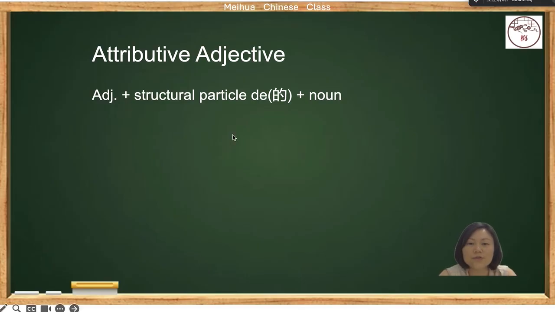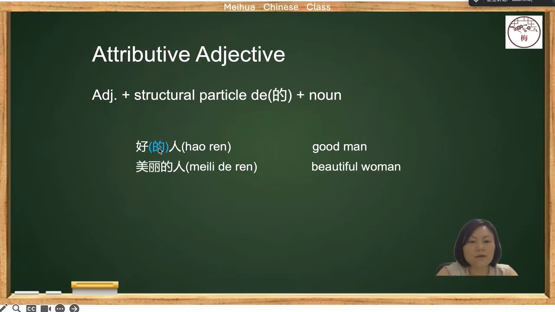Even though it's different from English, it's a bit the same as Spanish. For example, 好人 or 好的人. 人 is man, right? 好 is good. 好的人, normally we have a particle 的 in between. Another one, 美丽的人. 美丽 means beautiful. 美丽的人, beautiful woman, beautiful man.